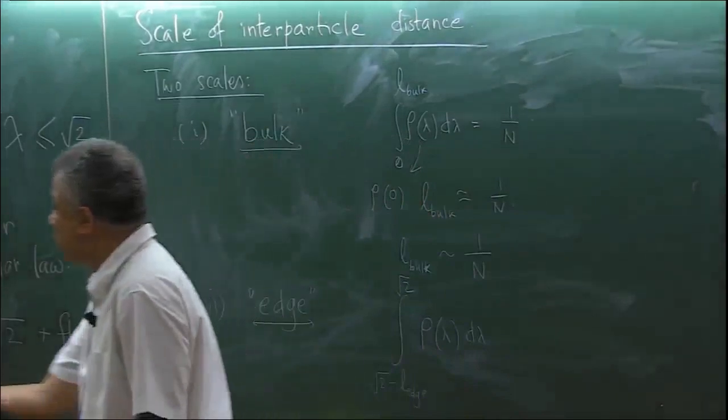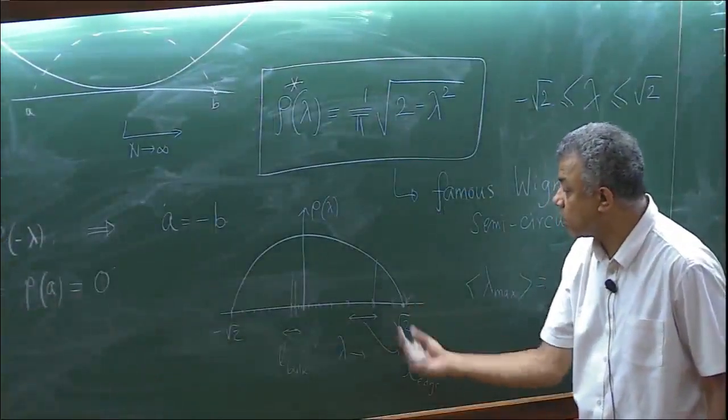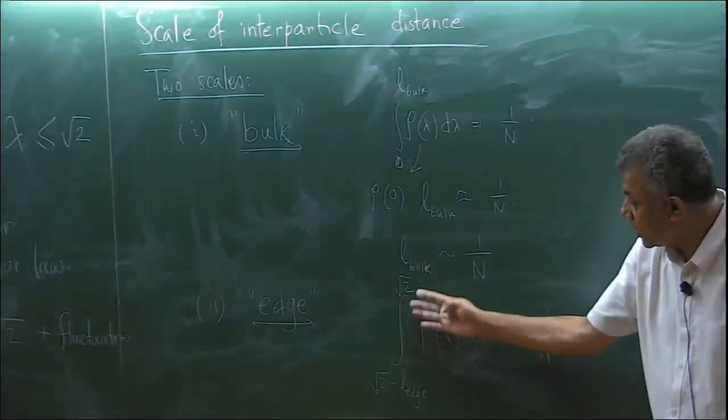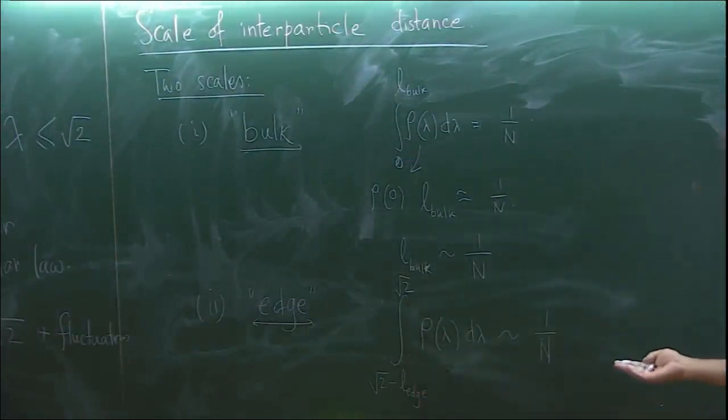At the very edge, I'm just evaluating the area under this curve. Because this is the interparticle spacing, this will be of order 1 over n. Remember this is a fraction, so this gives me the fraction of particles between this and that, which is 1 over n, because you are looking at the next particle.